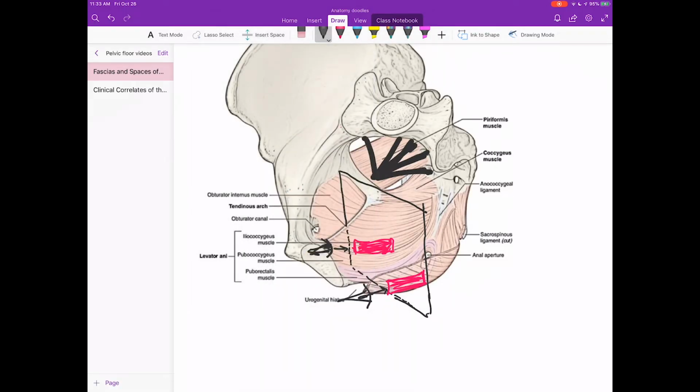And what it does is it branches off one of these little branches and comes together, S2, 3, 4, and it goes around the ischial spine and courses in the ischioanal fossa here to get to the UG diaphragm. And along the way, it's going to do all sorts of branching like this. You can't see it in this diagram because the levator ani is covering it.